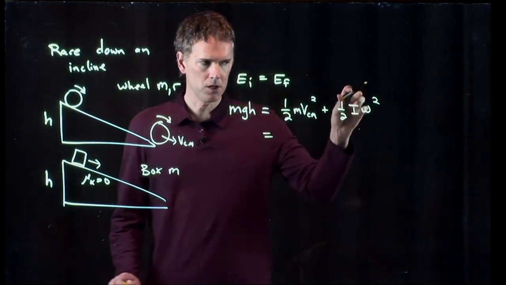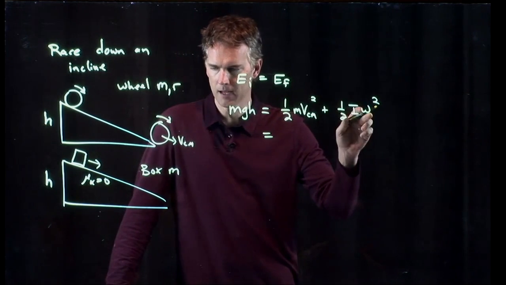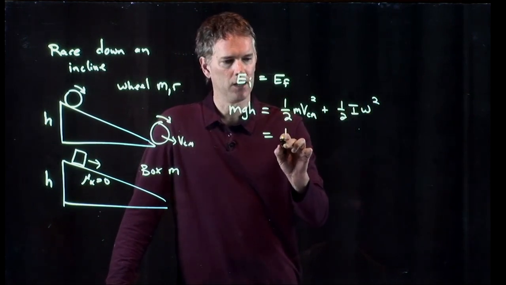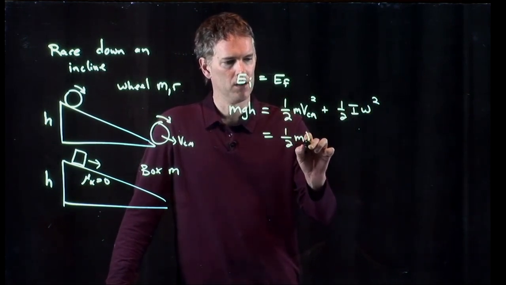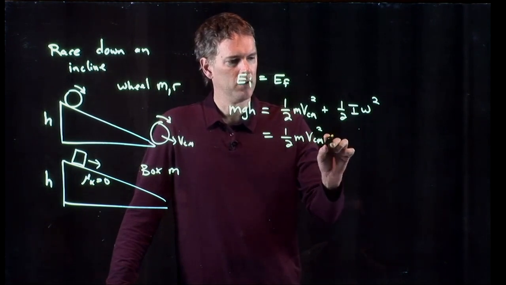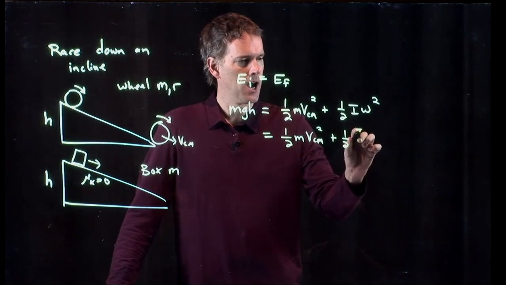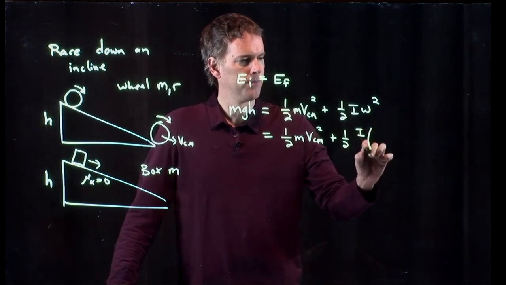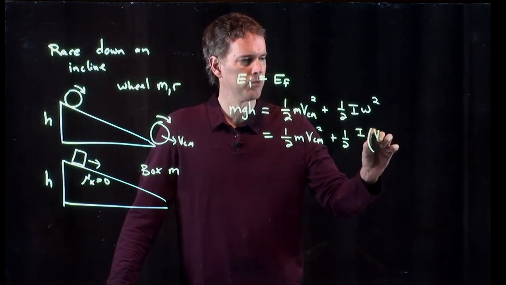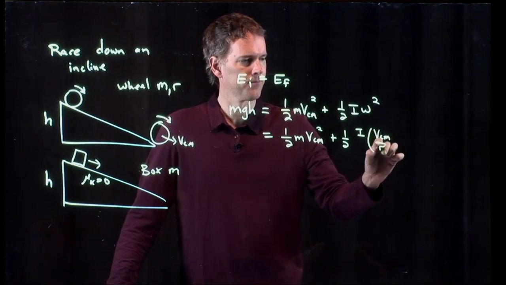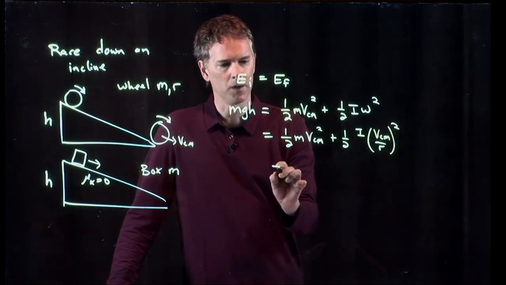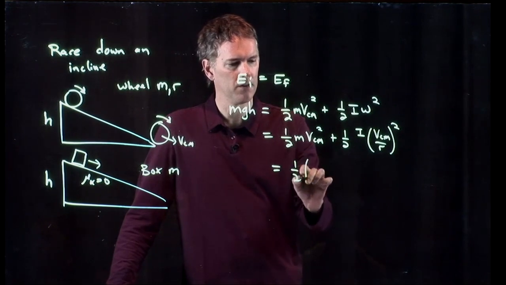But there's a relationship between VCM and omega if it's pure rolling. And so we can put these terms together. We get 1/2 m VCM squared plus 1/2 I over r squared, which comes from this right here. And so we can lump it together.